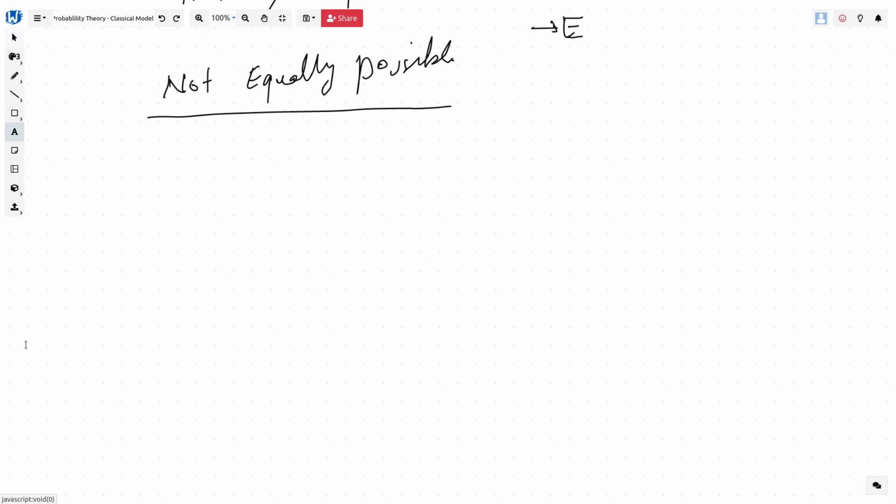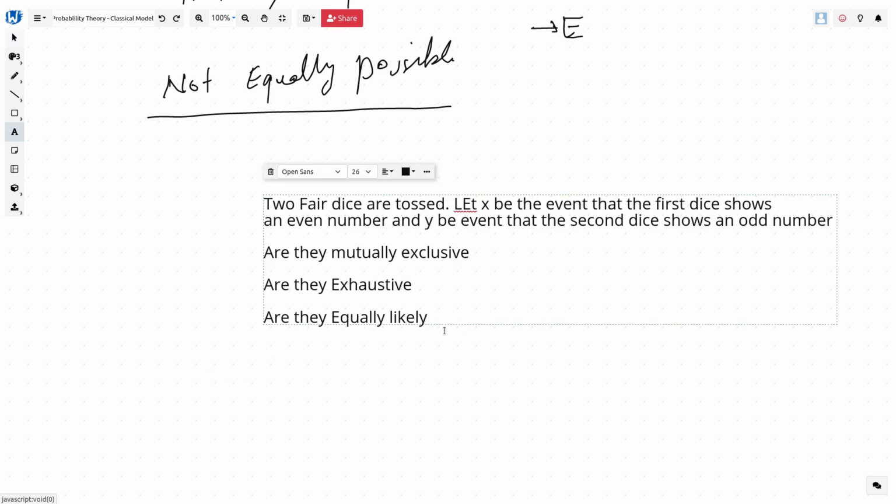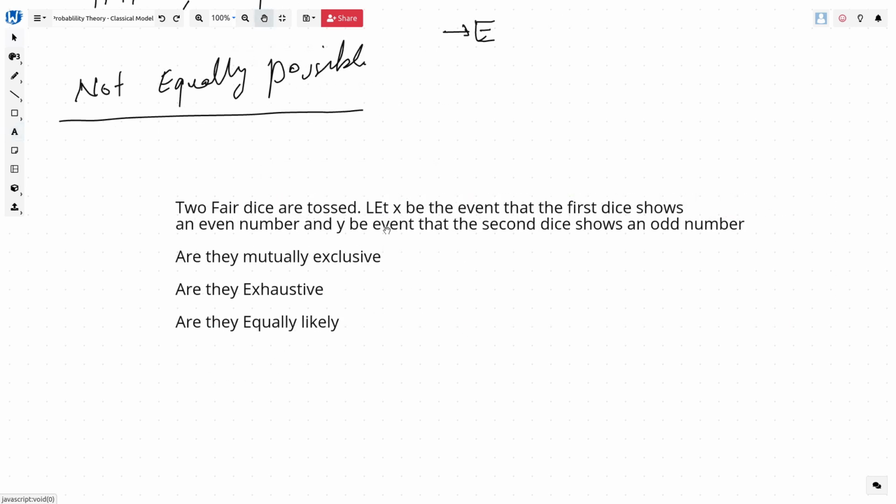Okay, so now let's try to solve this. It says that two paired dice are tossed. Let X be the event that the first dice throws an even number. When two dice are tossed, what are the possible outcomes?